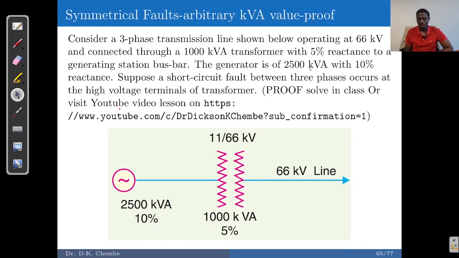The generator is 2500 kVA with 10% reactance, as shown on the diagram. And what we are being asked is to find the short circuit current if you are using different base KVA ratings.